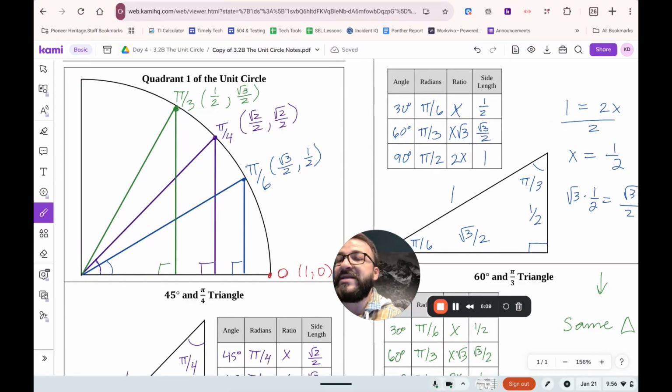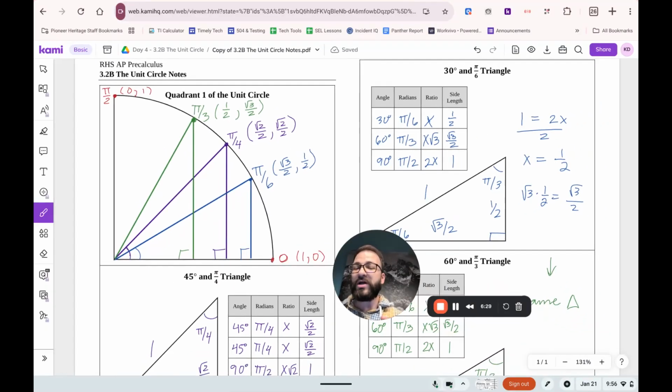And at the same idea, I'm going to add another point up here. But this isn't going to be 0. This is going to be a quarter of a circle, or pi over 2. And my point for this one would be 0, 1, because I've now gone 1 up in the y direction.